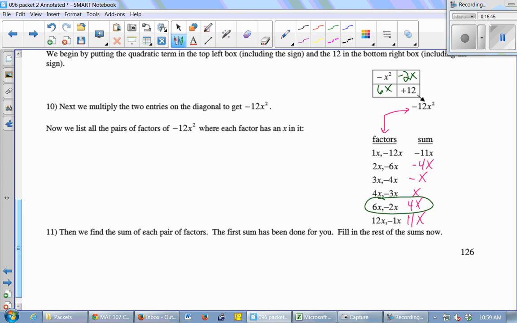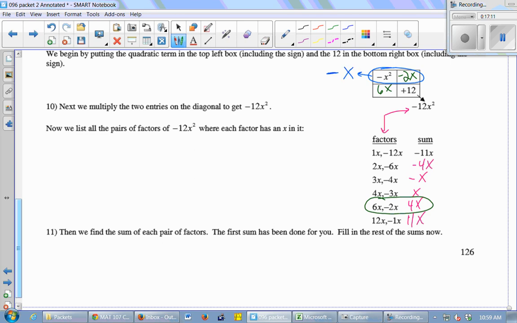All right, so that is the tricky part. Now I'm just going to look at just the top row here, and I want to pull out the greatest common factor, right? What is the greatest common factor here? Negative x. They both have a negative, right? So I can pull out a negative, and they both have an x.